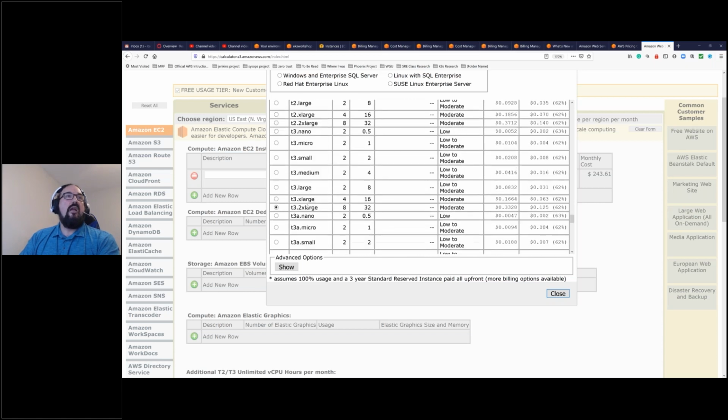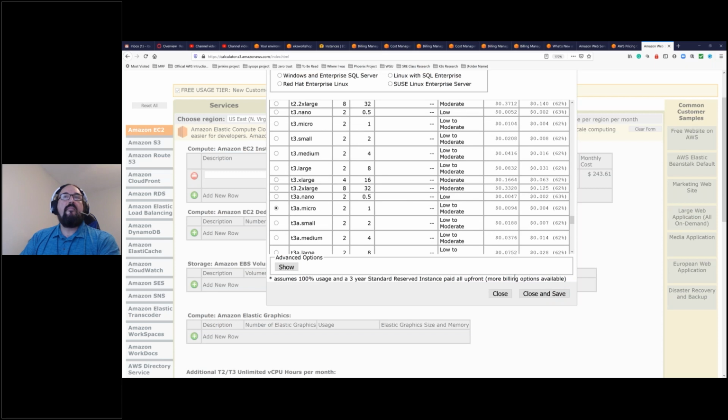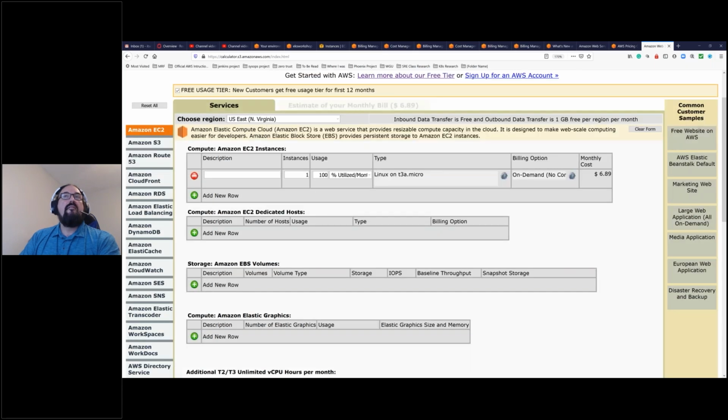So let's use T3A micro. I've only got one of them, and I'm going to keep it on 100%. Well, that's going to cost me $7 a month to run a 2x1 system on ARM with a Linux operating system.